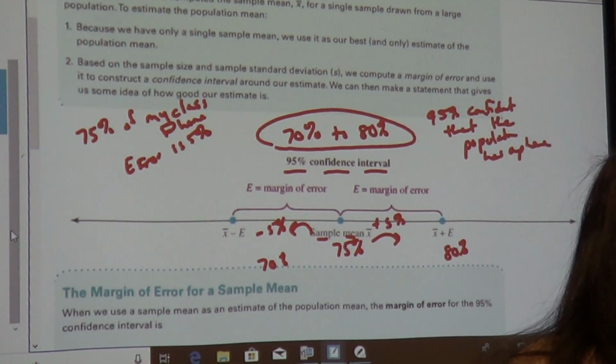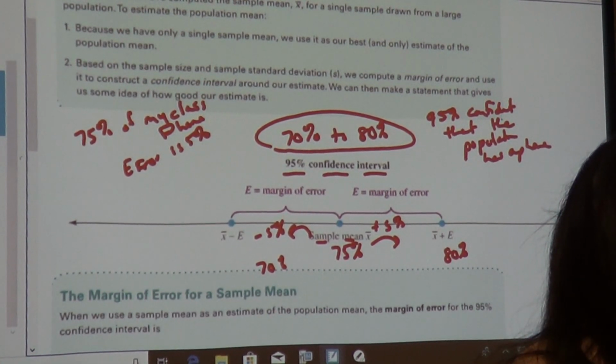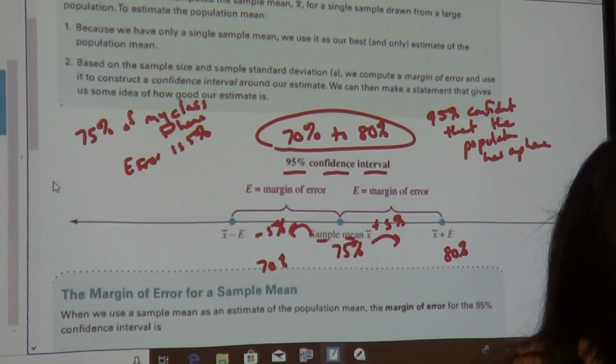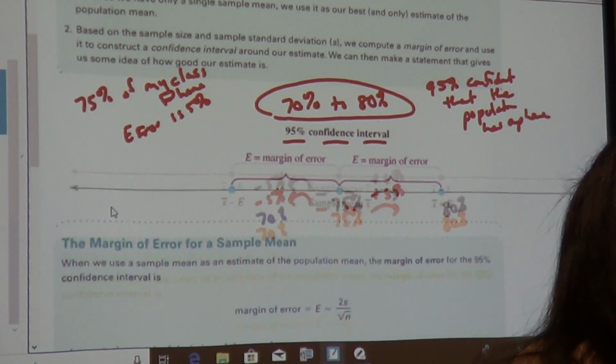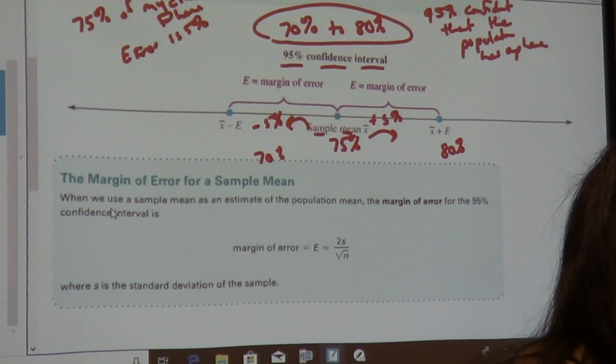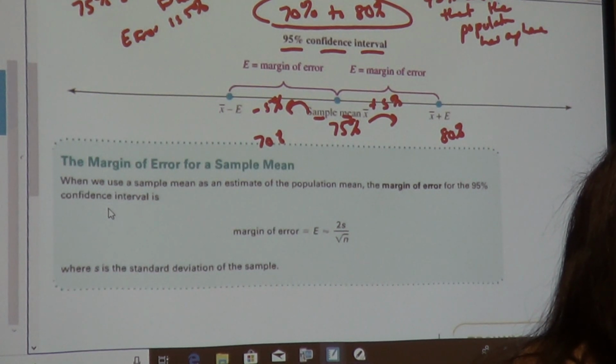This is the last little bit that we're doing. I'm wiggling off the mean to find the confidence interval. Now, there is a formula for margin of error, and it's on your formula sheet.